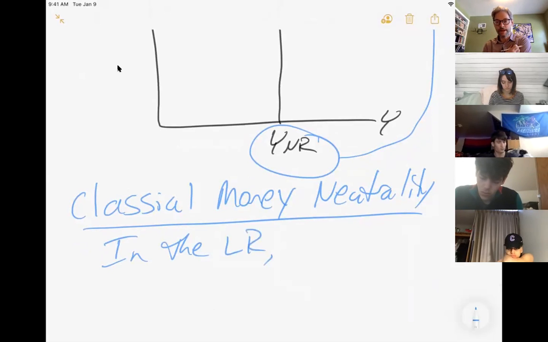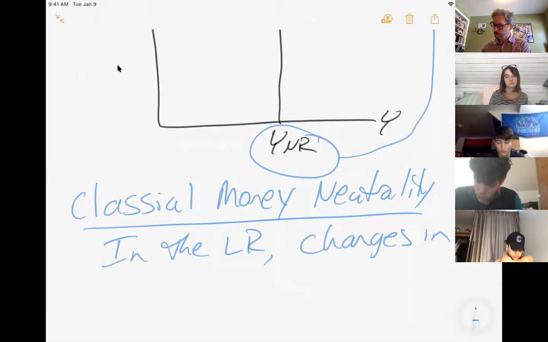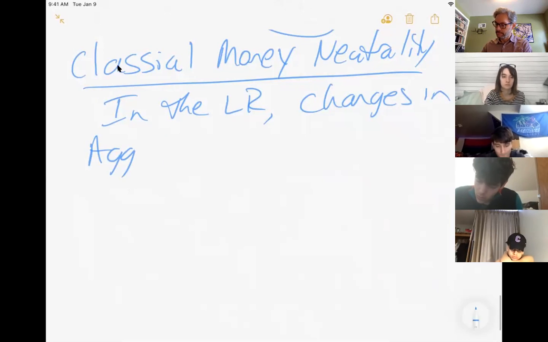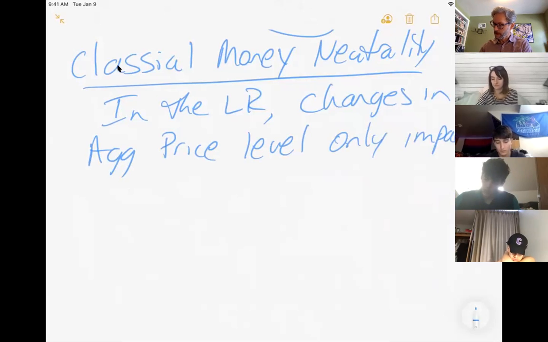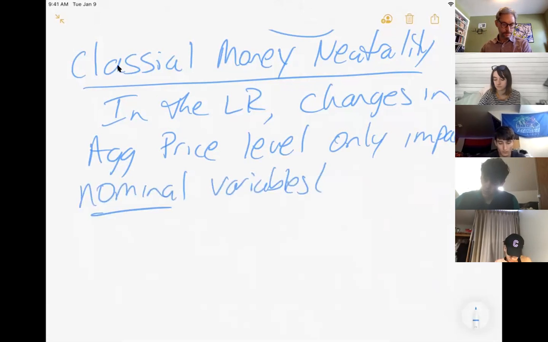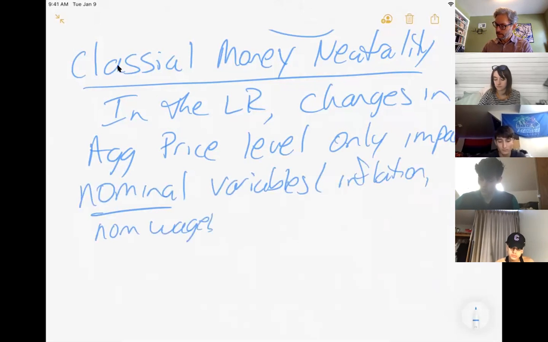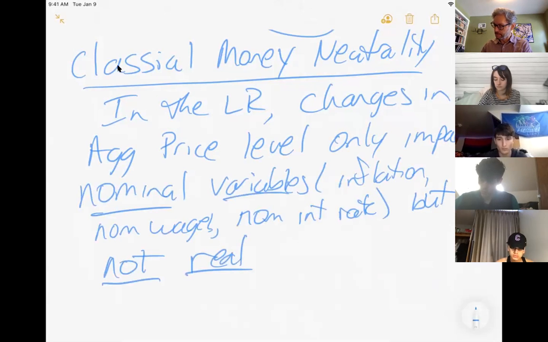So what classical money neutrality states is that in the long run, changes in the aggregate price level only impact nominal variables, such as inflation, nominal wages, nominal interest rates, but not real variables like unemployment or real GDP.